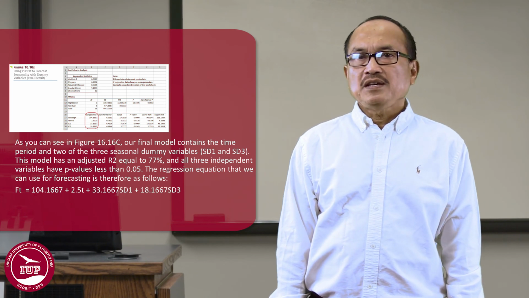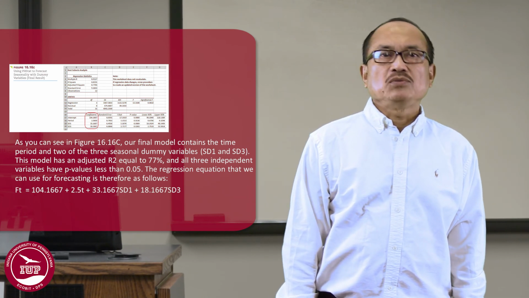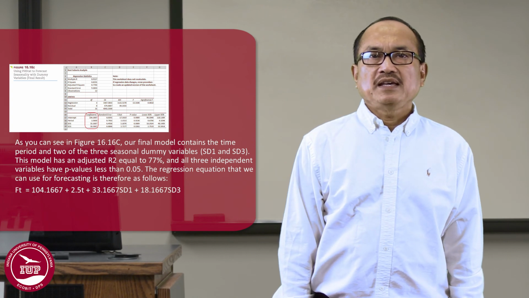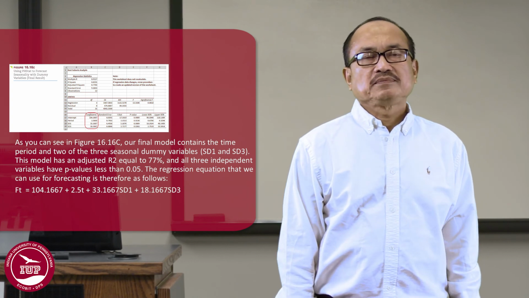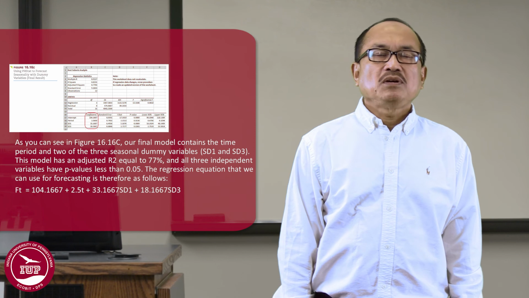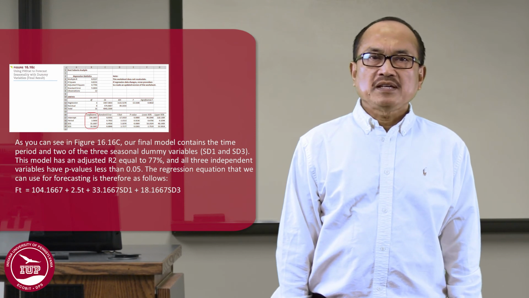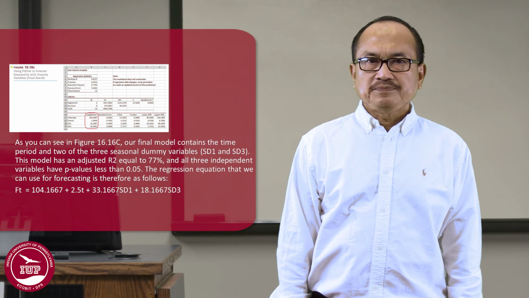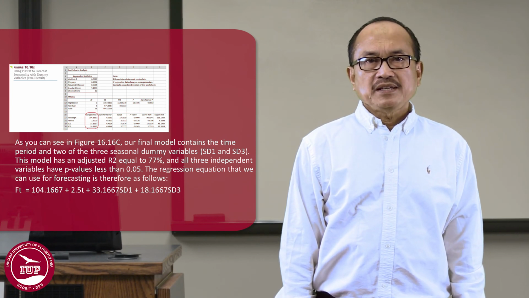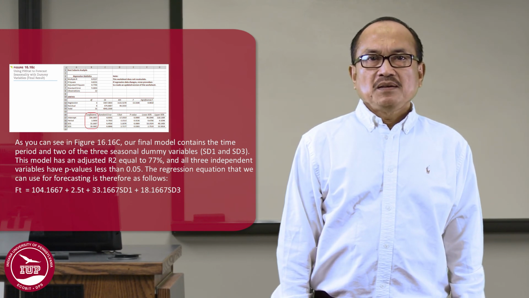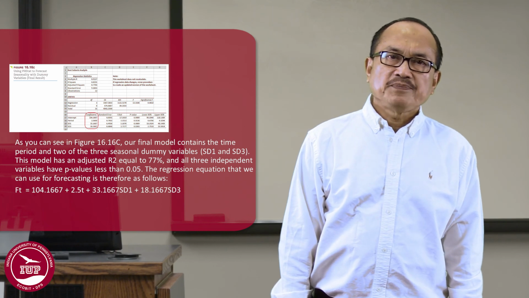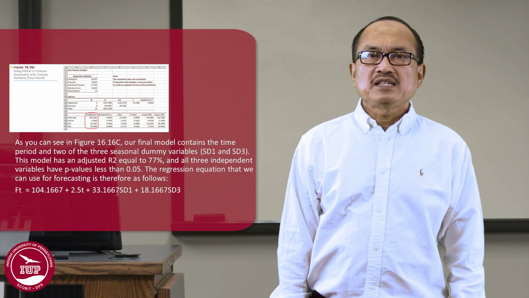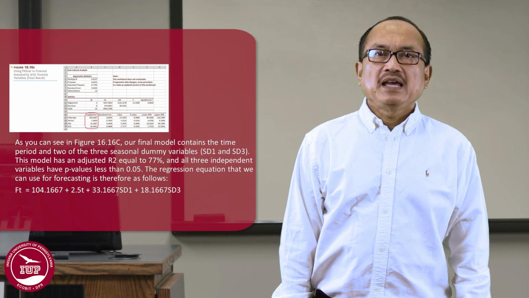The regression equation that we can use for forecasting is therefore as follows. Ft equals 104.1667 plus 2.5t plus 33.1667 SD1 plus 18.1667 SD3.